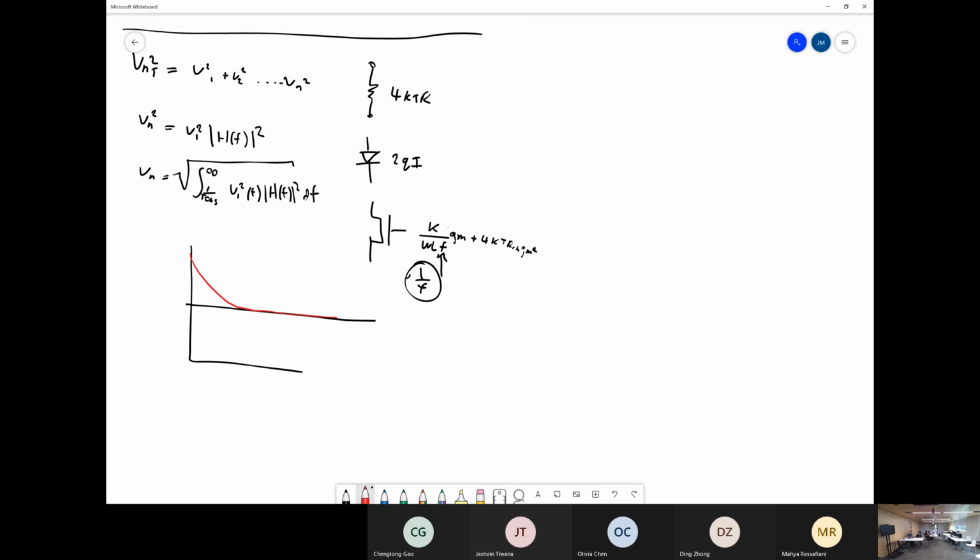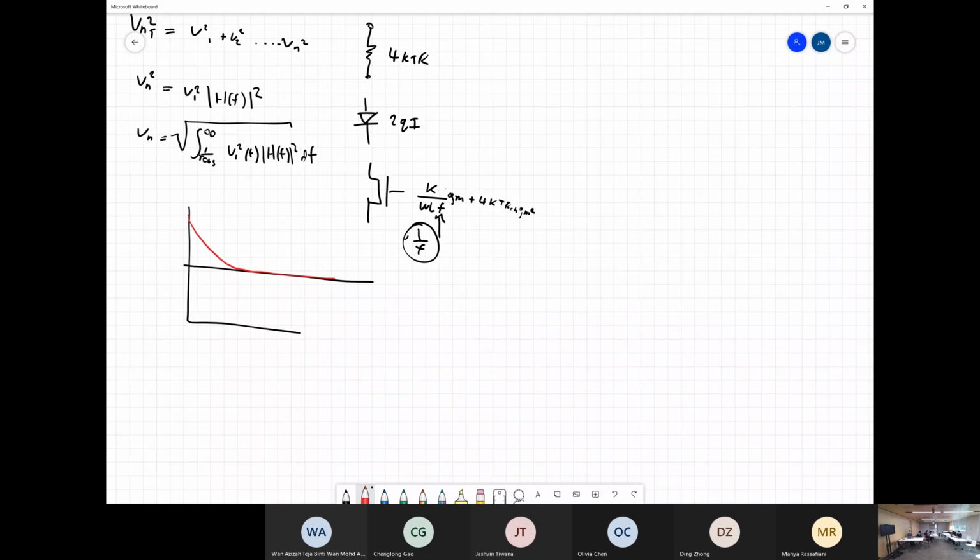It would be a resistor, because this part doesn't change, and then you'd also have some 1 on F component, so it would have to involve some sort of MOSFET. So if you had an amplifier, and you say, okay, what type is this? Is this BJT based or is this a MOSFET, CMOS based amplifier? Most likely it's going to be CMOS based because you see 1 on F, right? So a little bit of a tricky question there. All right, so that's noise.